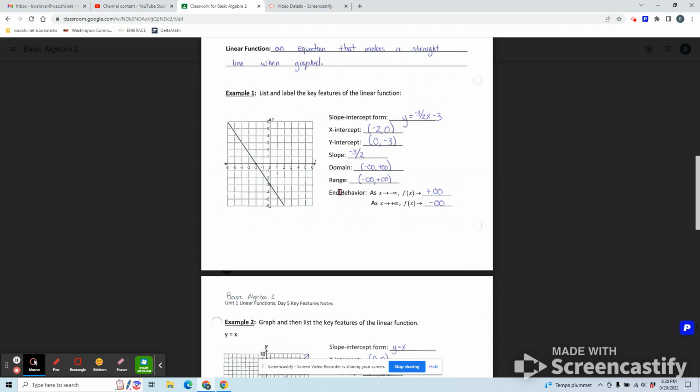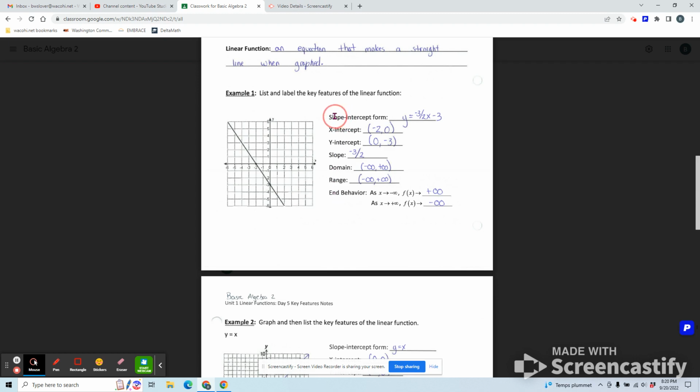You don't have to solve these in any specific order. You can answer these any way you want. Sometimes it's easier to answer certain ones first over other ones, but for the most part, the choice is yours. I'm just going to go kind of in order.